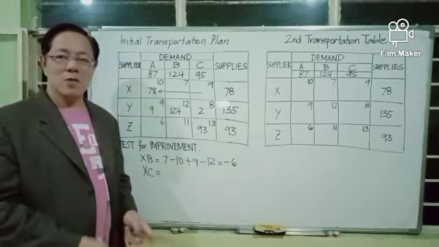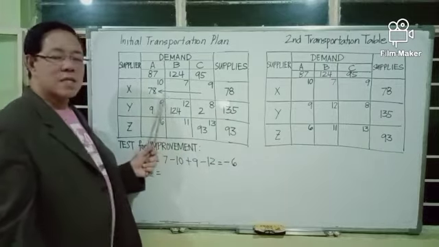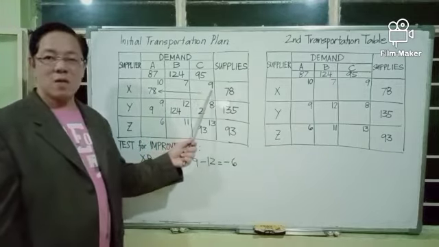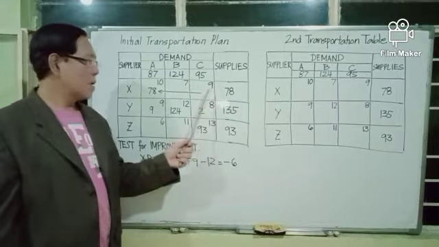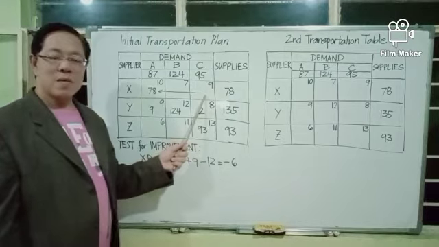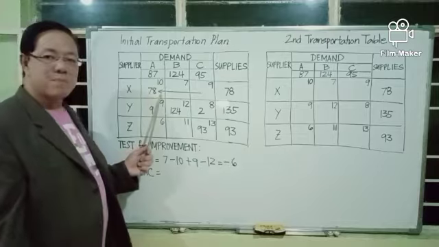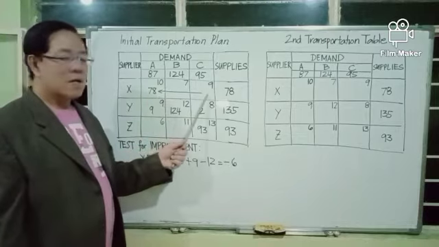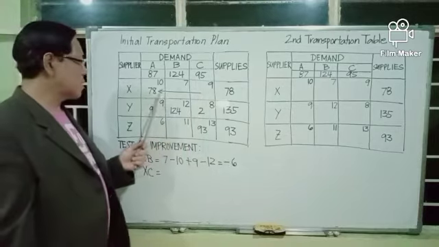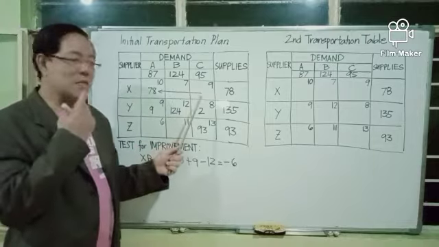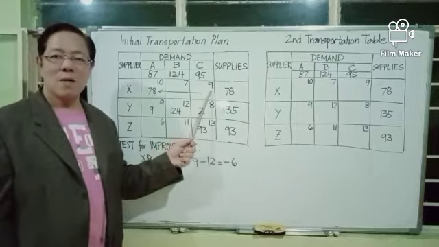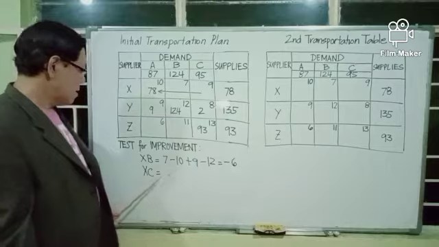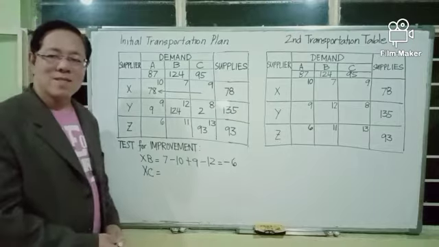The cost associated with a horizontal movement is the positive of the cell cost where you originated. We originated from this cell in moving to this occupied cell, so the cost is the positive of the cell cost, which is 9. So we write XC equals 9.